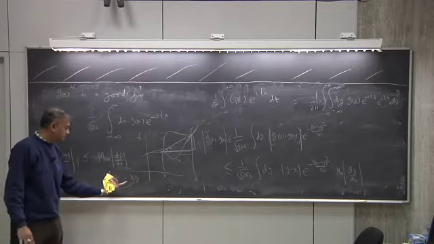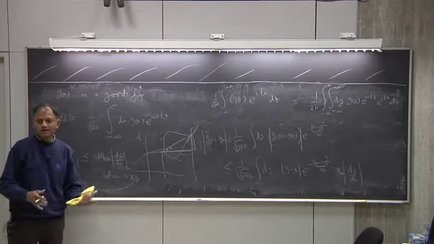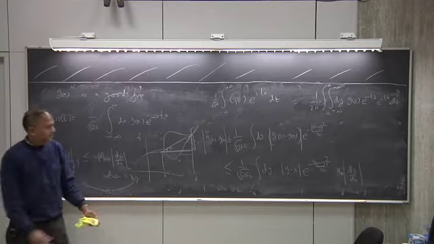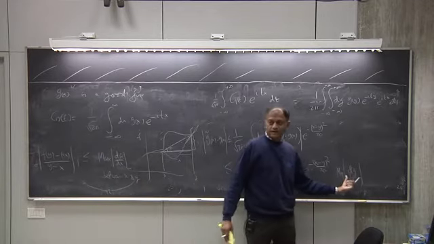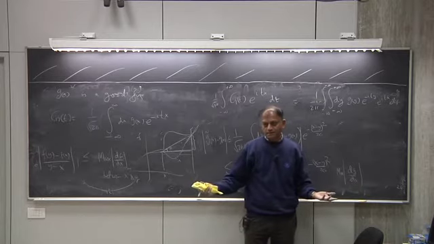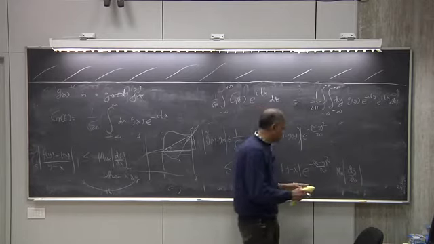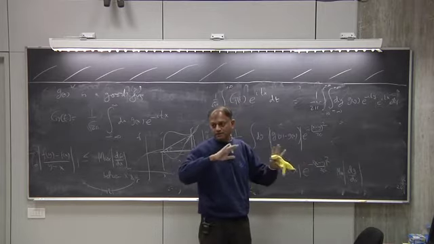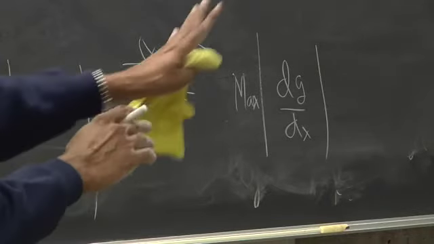Because the maximum between x and y is certainly less than or equal to the maximum everywhere. But this is a good function, so dg by dx is a good function. So, the maximum is some finite number. So, this I can take out of the integral because it's just the absolute max of dg by dx, but it's a finite number.